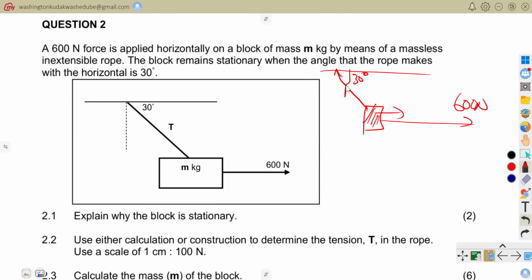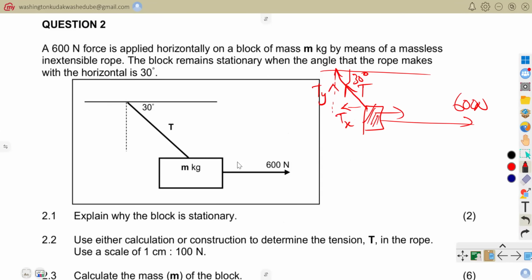So this tension would be in that direction because this tension is trying to pull back this object. And now, if the tension is in that direction, it simply means that we are going to have the horizontal component of the tension, which is Tx, and the vertical component of the tension, which is Ty, at some point in time.